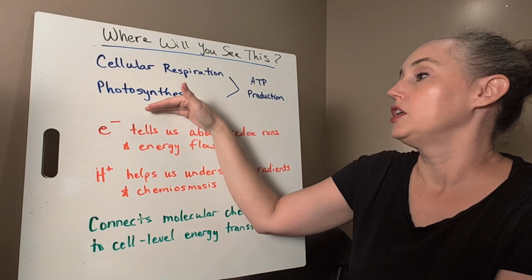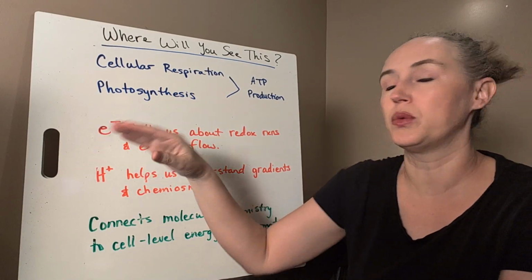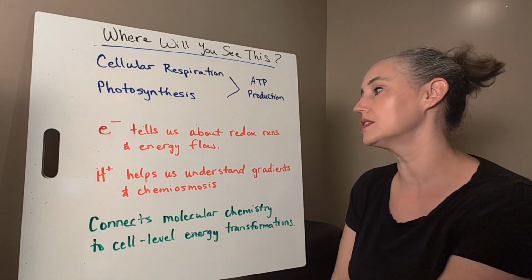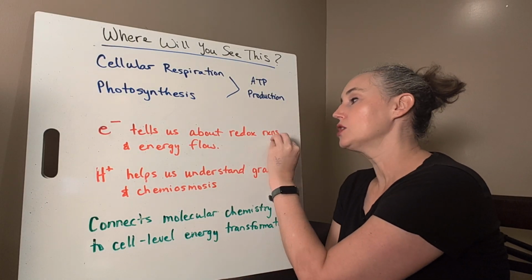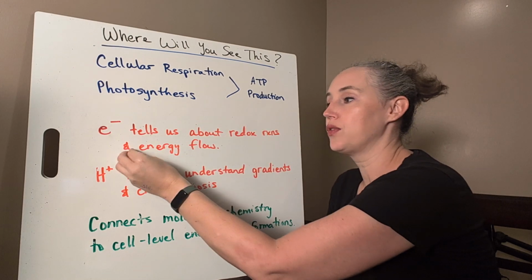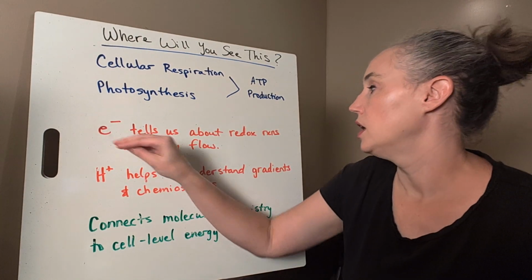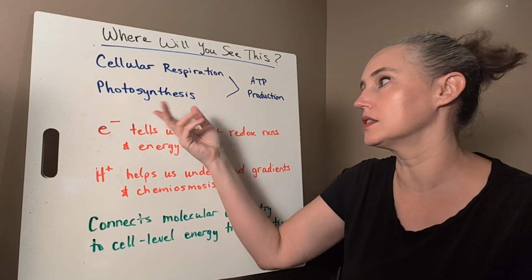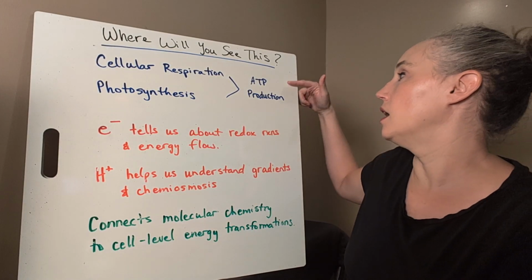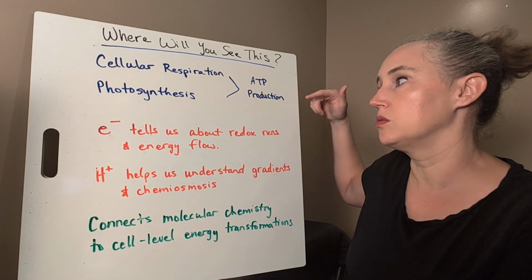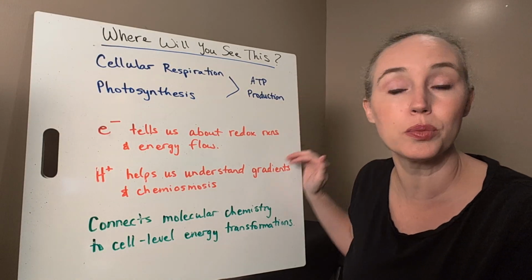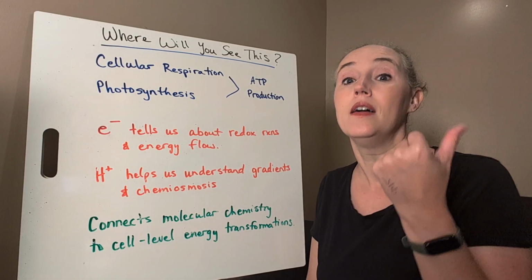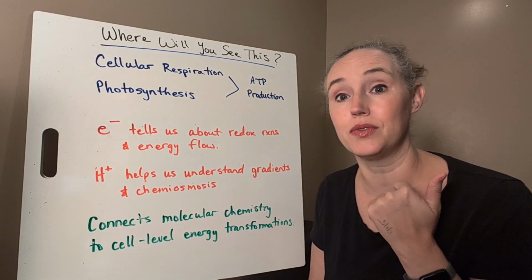And then you need to remember, what's the important part of electrons and protons? Electrons tell us about the redox reactions and the flow of energy. So in photosynthesis, let's just say, we've got to produce ATP, but we're also producing those electron carrier molecules like NADPH that you saw at the beginning of this video.